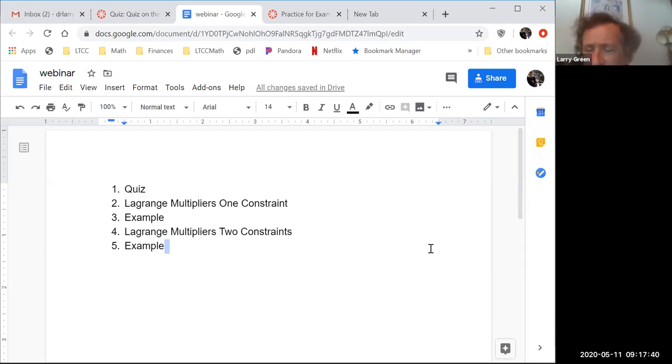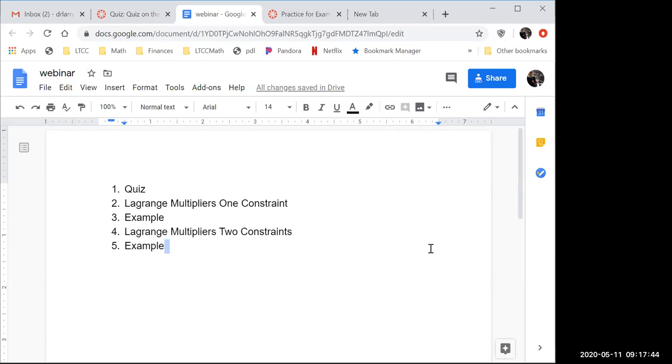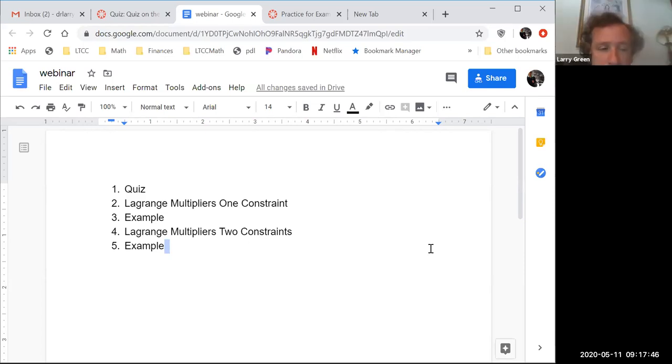Have you all seen the conservation of energy in physics? So when you have conservation of energy, the energy itself is a constraint because you can't use more energy than you have, and similarly, you can't end up with more or less energy than you have. So that's a conservation of energy issue.